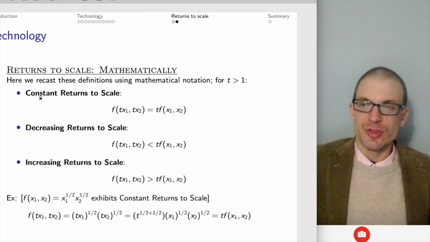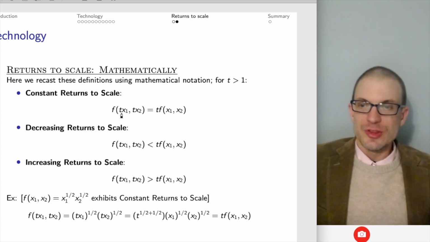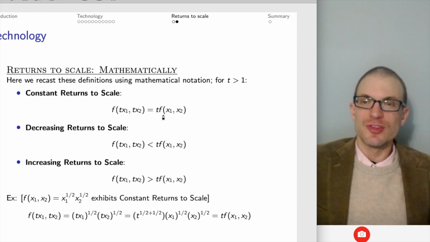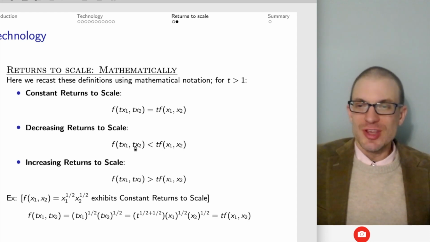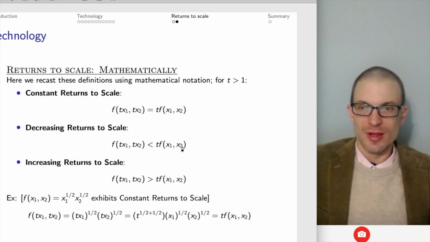Mathematically, this is kind of what this looks like. We can take our production technology, we can scale up our amount of the input, and if multiplying each individual input is the same as multiplying the output, we have constant returns to scale. But if we multiply each input and the output that's generated is smaller than t times the amount of output, then we have decreasing returns to scale.